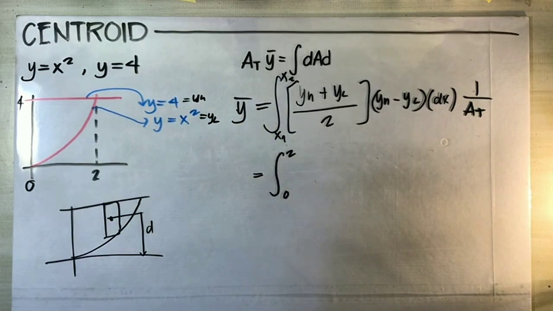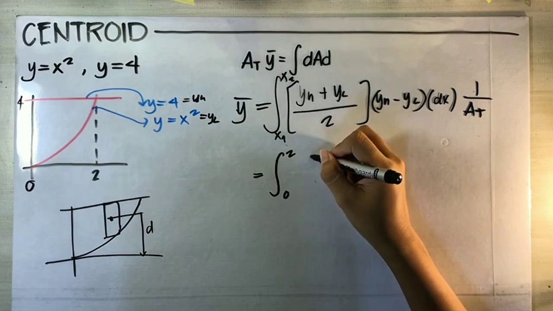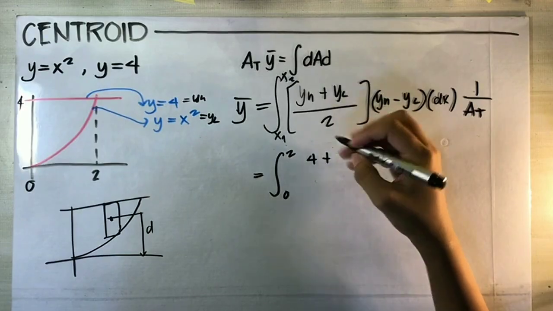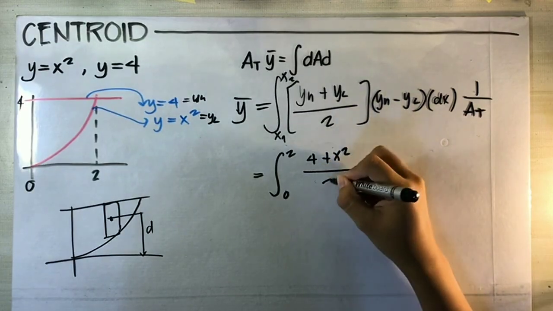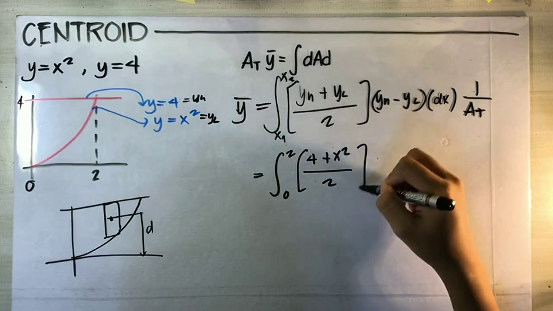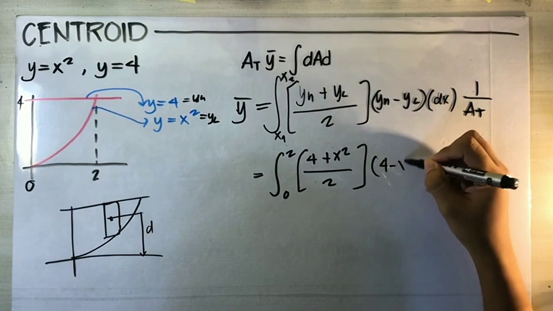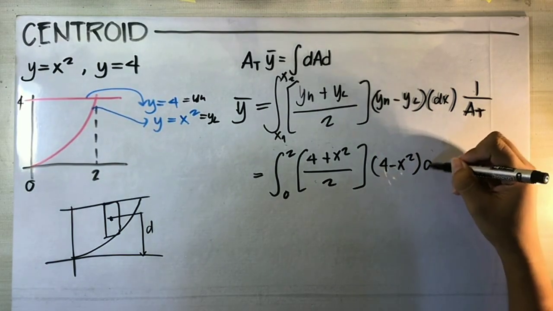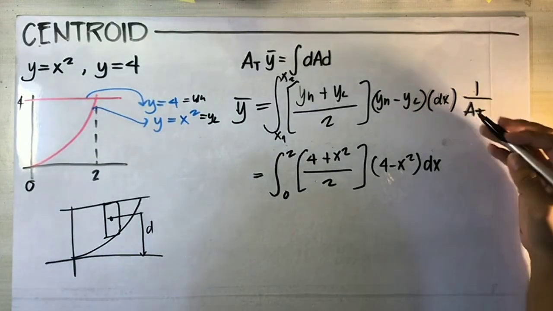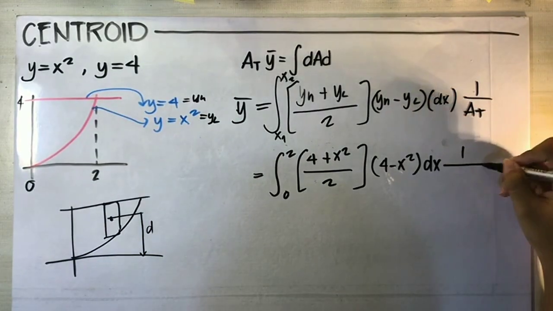Same as on our previous discussion on the area and the volume. So y high is equals to 4. So 4 plus y low x squared all over 2 times y high minus y low, so 4 minus x squared dx. Don't forget the 1 all over area.